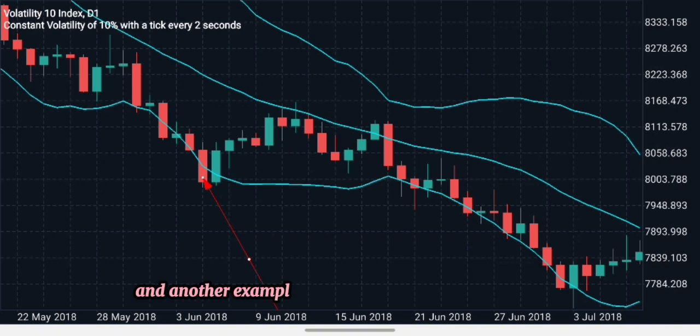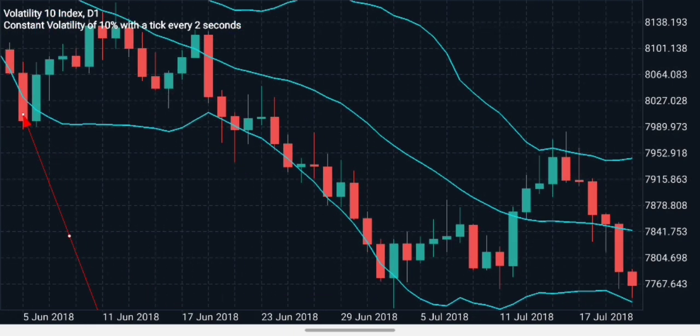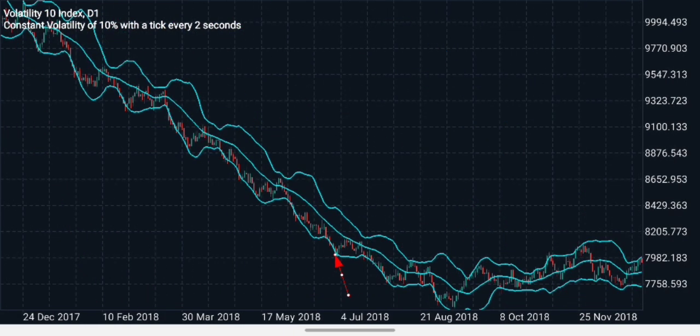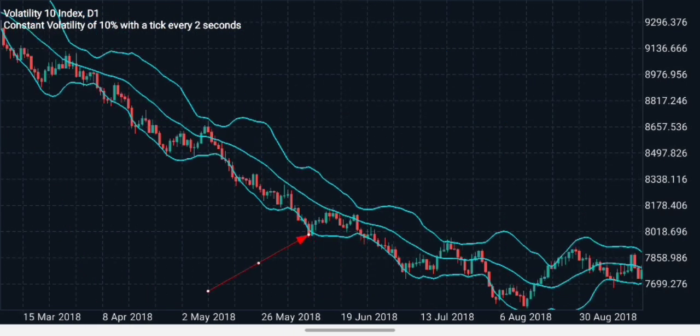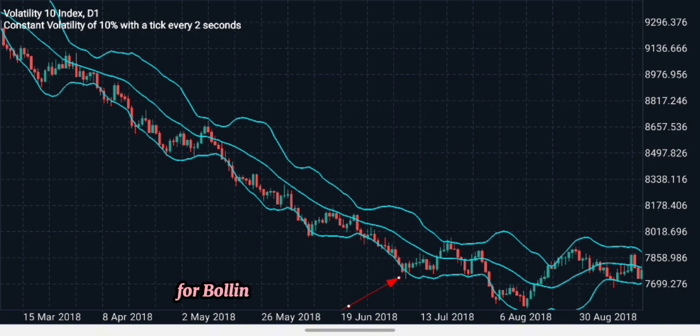And another example of a point where the market closed outside the Bollinger Bands is this one. At this point, the market closed below the lower band, which means we are aiming for a buy. As you can see, the market started to buy, going back towards the middle band. So this is it for Bollinger Bands.